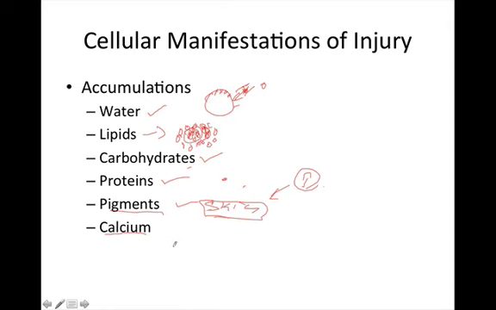There are two major types, dystrophic calcifications and what's called metastatic.